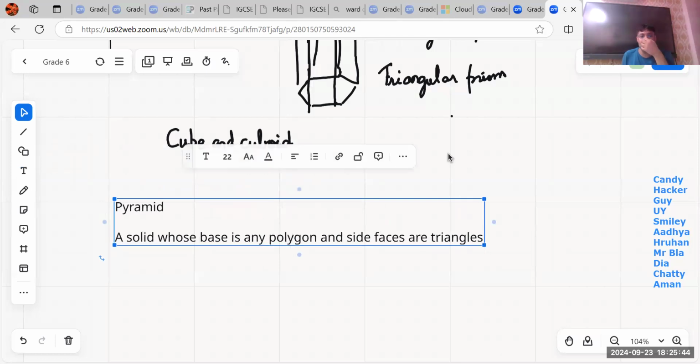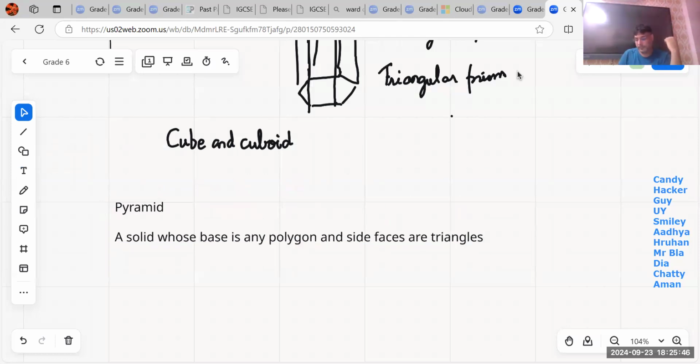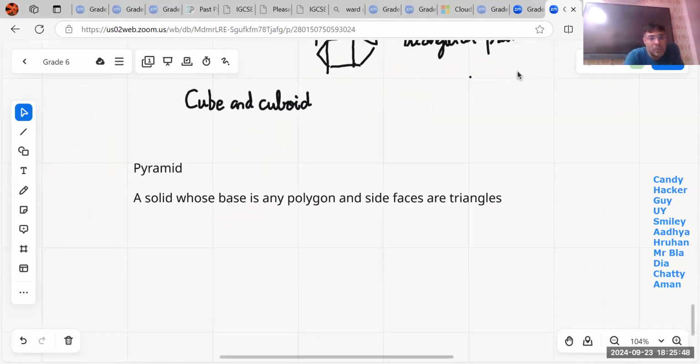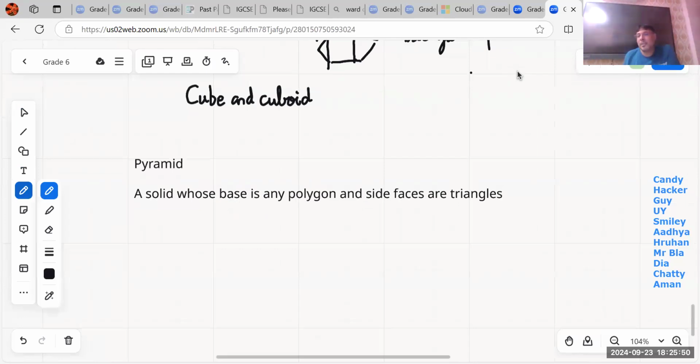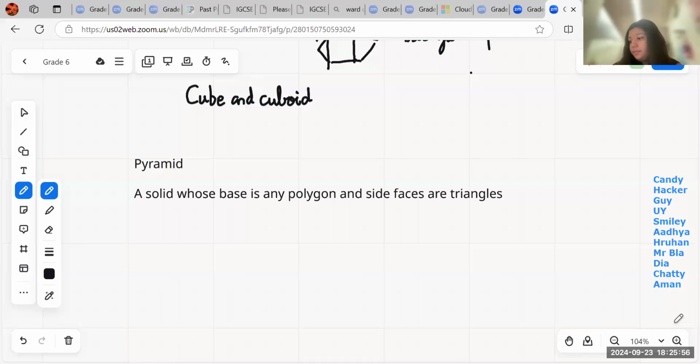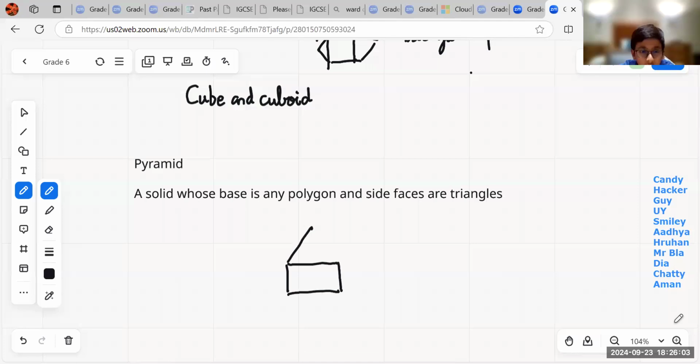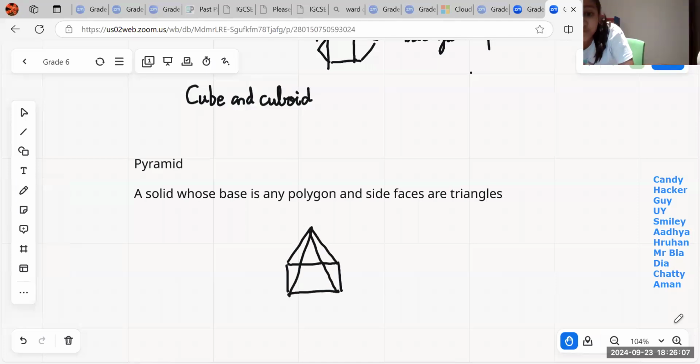These are definitions you have to remember. Now all these shapes are 3D. Nothing is 2D. So the base can be any polygon. It can be a triangle, a square, or a rectangle. Usually square, right?